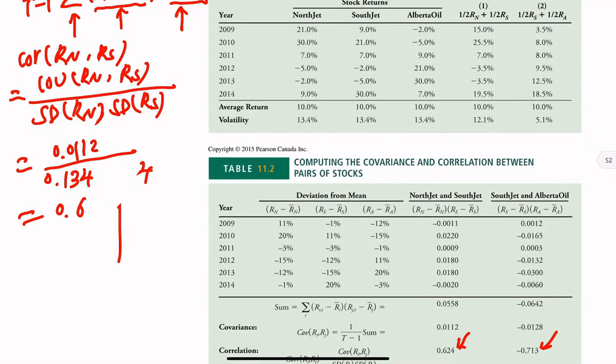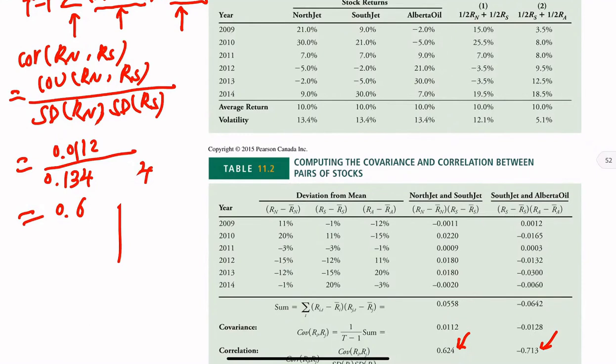Why is this the case? Well, it's very easy to understand. North Jet and South Jet are both, I think, some sort of airlines. So they're both airlines, their performance is quite related, and their businesses are very much related. That's why you get this positive correlation here. Now think about South Jet and Alberta Oil.